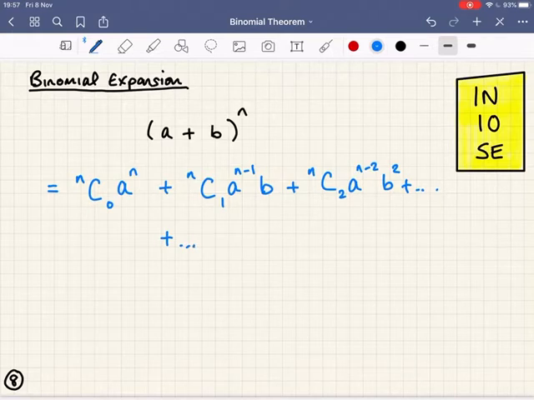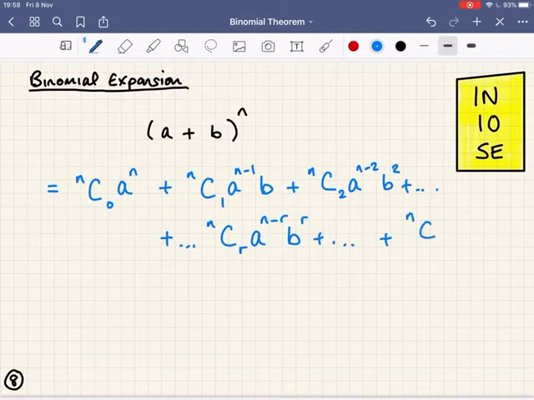A general term then would be nCr, and a would be raised to the power of n minus r, and b would be to the power of r. And then this would carry on until we got to the end, and we ended up with nCn b to the n.